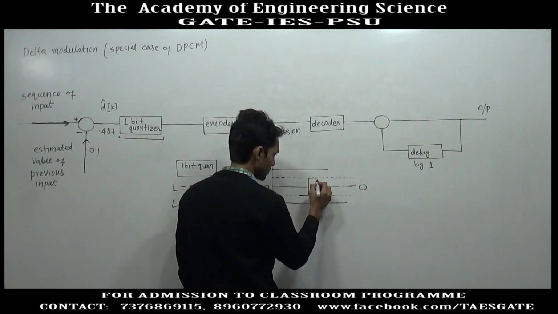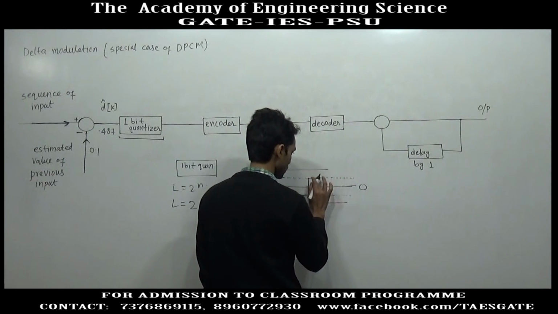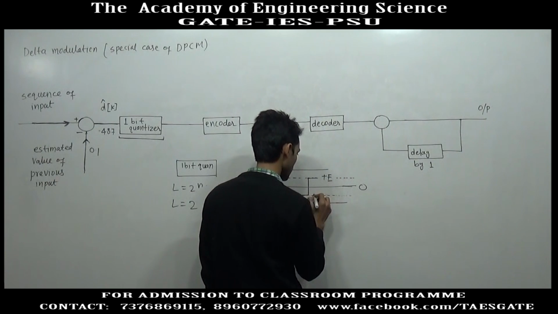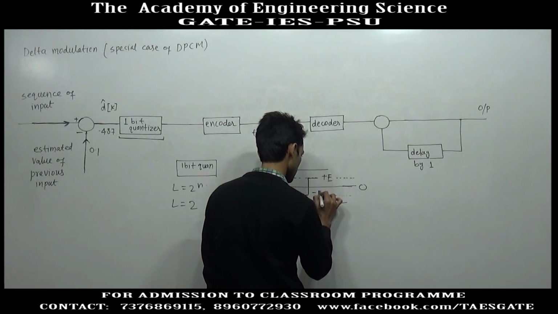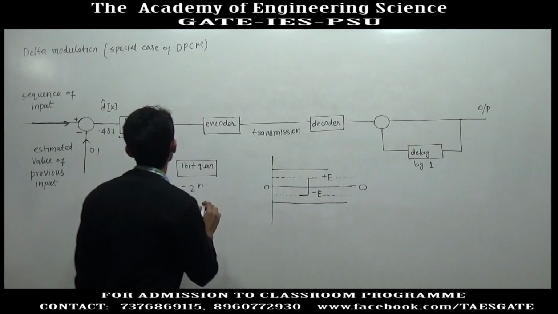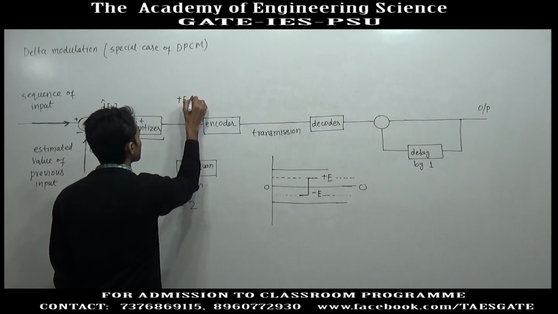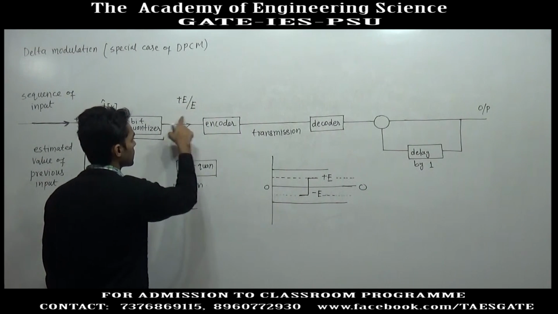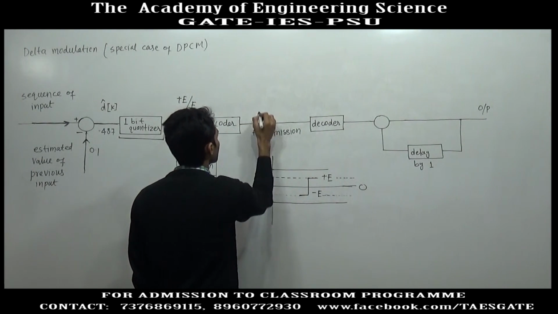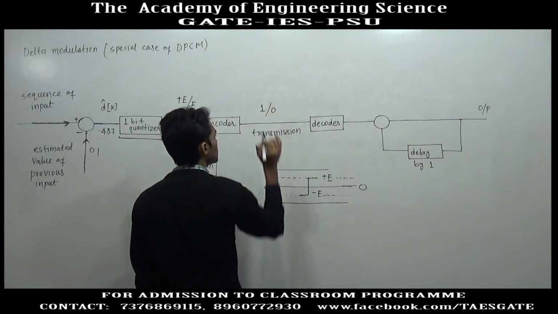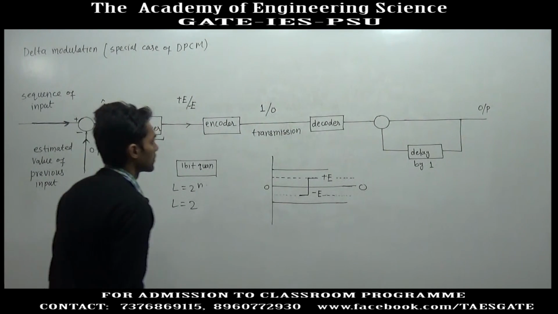In delta modulation, the positive output is represented by plus E, and this is minus E. So, the output of the quantizer is plus E or minus E. The plus E will be encoded with 1 and minus E will be encoded with 0 and then transmitted.